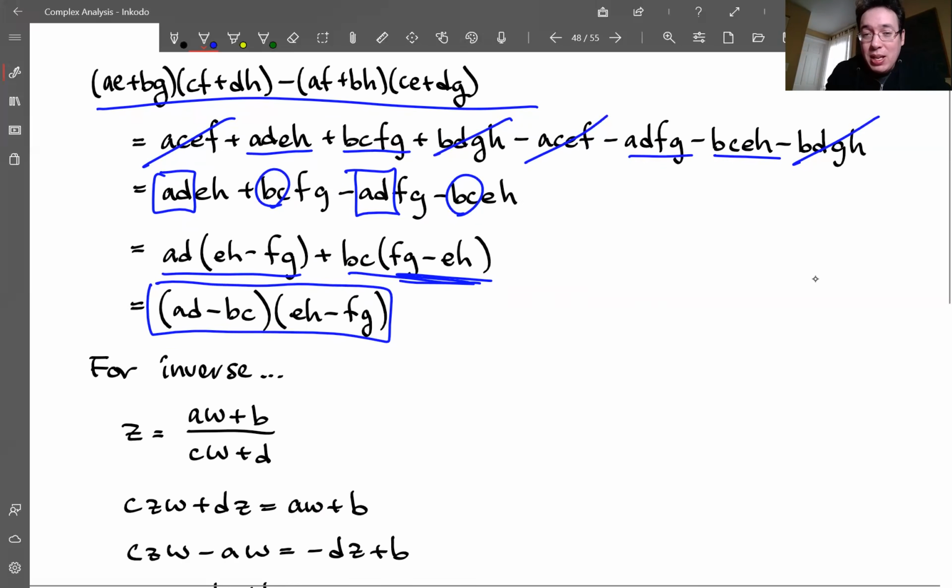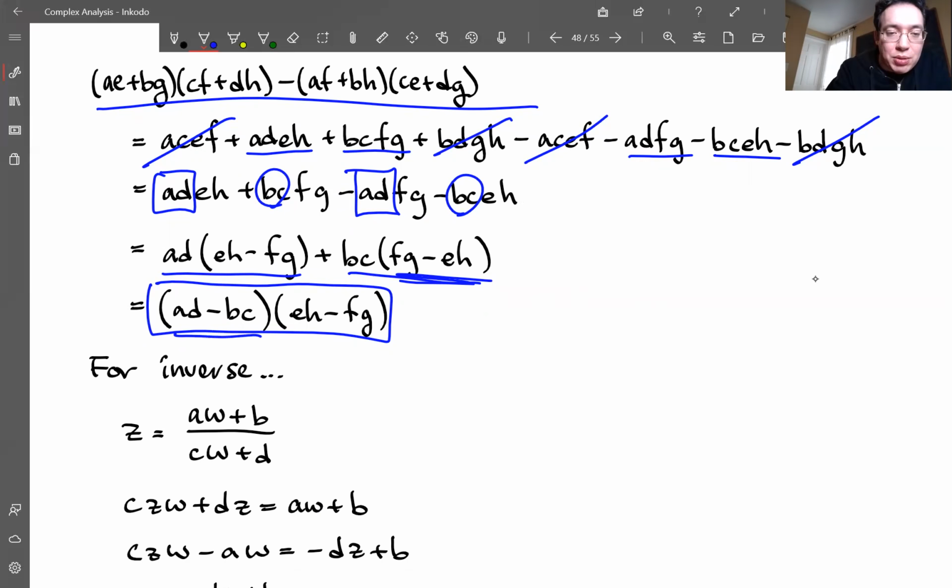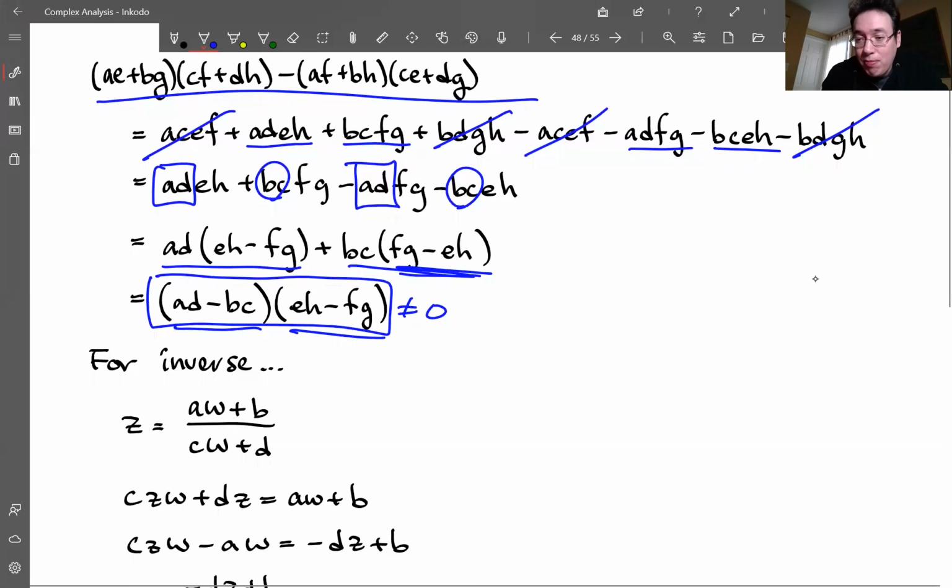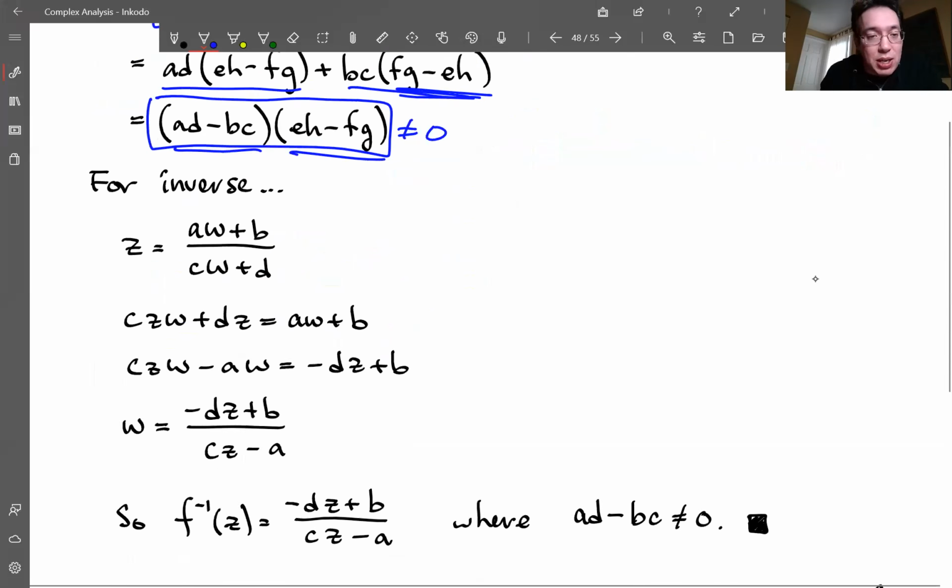Well, the two functions f and g were Mobius transformations to begin with, so these 2 expressions are non-zero. If you multiply two non-zero numbers, you get a non-zero number, which guarantees that the composition is a Mobius transformation.